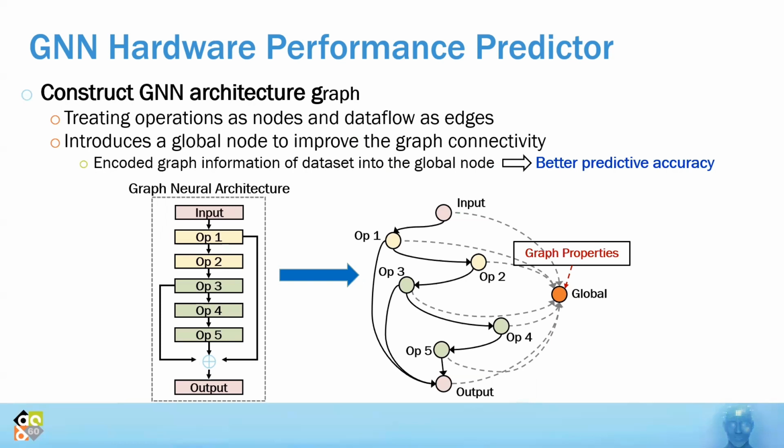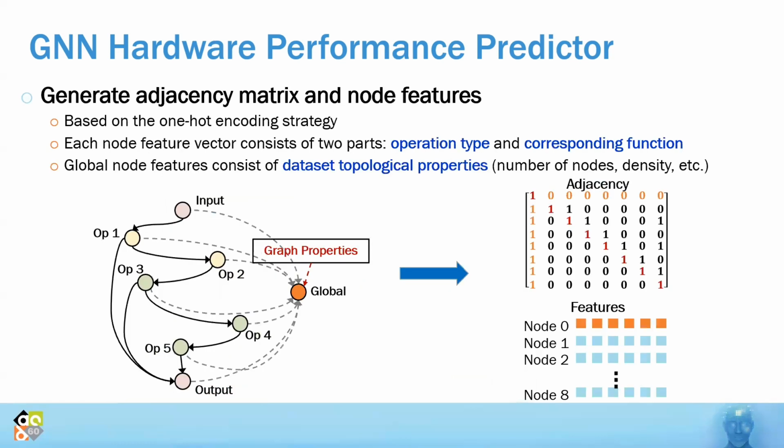In addition, HGNAS introduces a global node to improve the graph connectivity and encodes the graph dataset information into the global node to improve prediction accuracy. We use the one-hot encoding strategy to construct the node features. Each node feature vector consists of two parts, operation type and corresponding function. And global node features consist of dataset topological properties like the number of nodes.